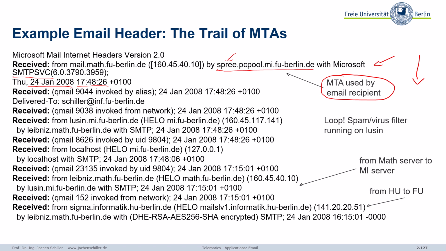Before that, we see this mail was received by Qmail, received by Qmail, received, and so on. And you see many more computers involved, and you see strange loops, for example, spam and virus filters running on certain computers.